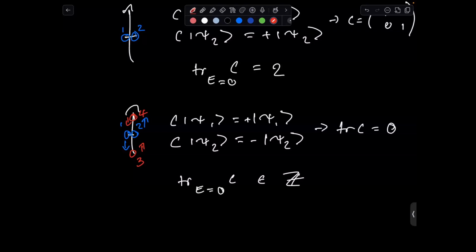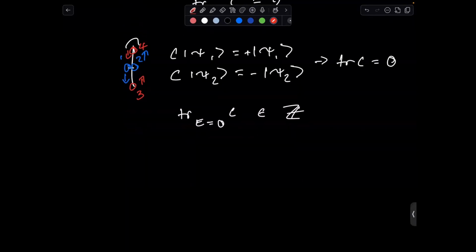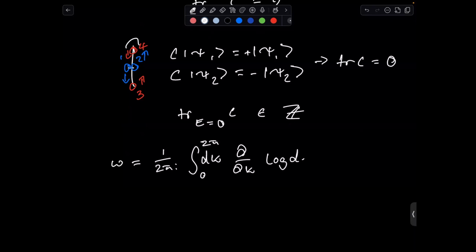So if you want, I can just quickly write down the equation. The winding number, which is defined for the 1-dimensional bulk Hamiltonian, is given by 1 over 2 pi integral over dk from 0 to 2 pi of the derivative d by dk of log h of k, where this is now the 1D bulk Hamiltonian.